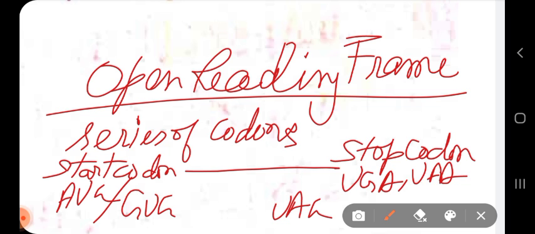Now within this open reading frame, each codon is coding for a particular amino acid. Now suppose one nucleotide is deleted, or two, or an odd number of nucleotides are eliminated, then what will happen? It will disrupt that whole open reading frame. Let us see.